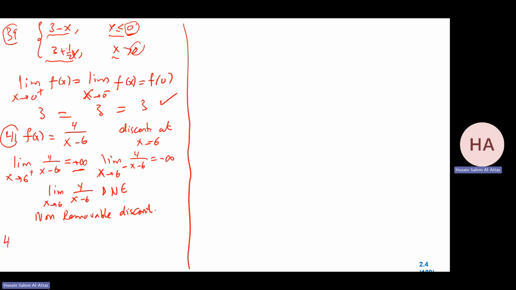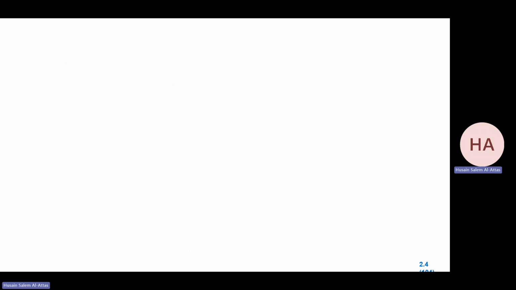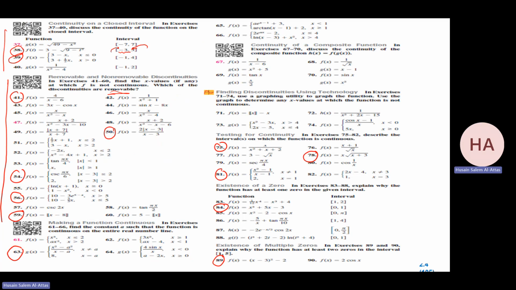42, which is this function. The function is continuous everywhere, because x squared plus 1 is impossible to be 0. 44, f of x equals sin x minus 8x.